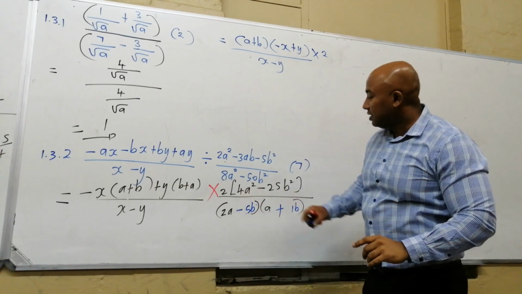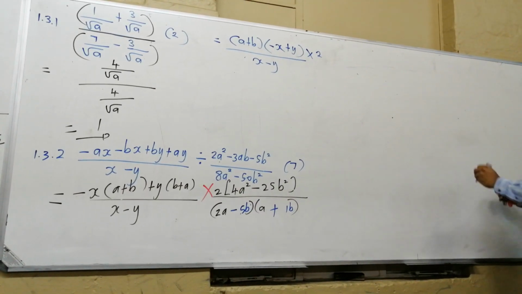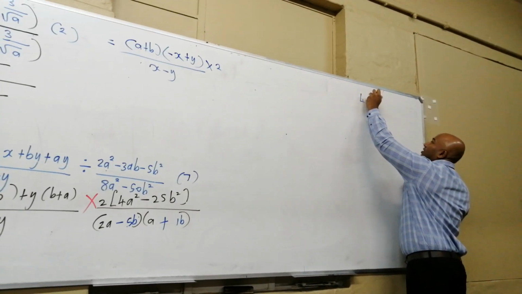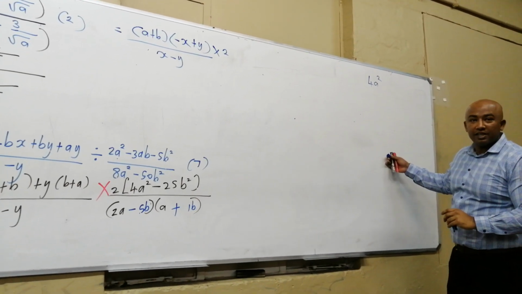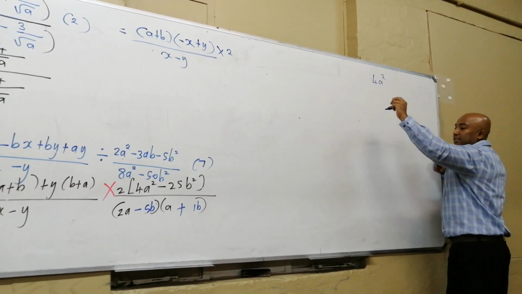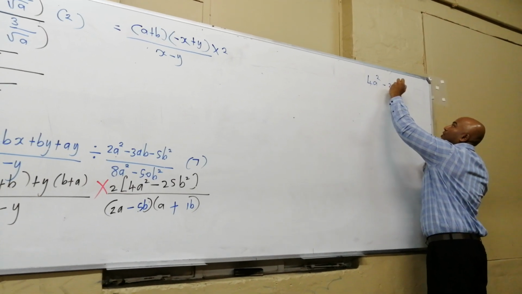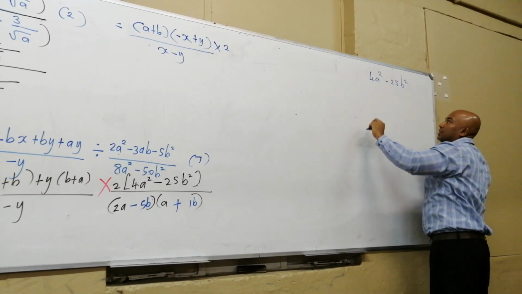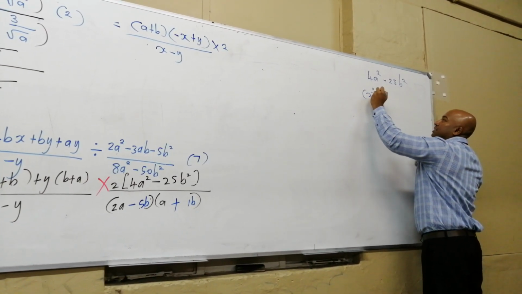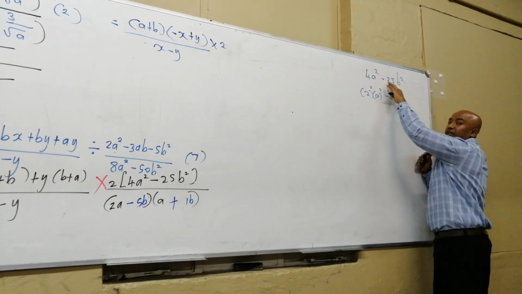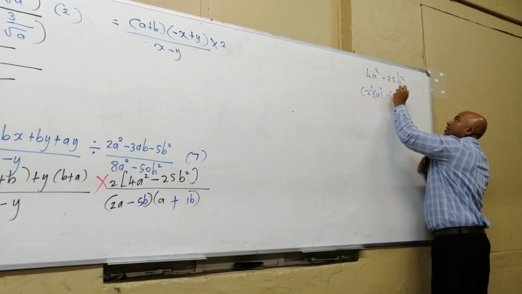Okay, so 4a squared. Let me just do it in order. I'm just going to show you all working on this side, and then I'm just going to do it at one time. Right? So that's 4a squared minus 25b squared. So we know that 4 is 2 squared. You know that 25 is 5 squared.